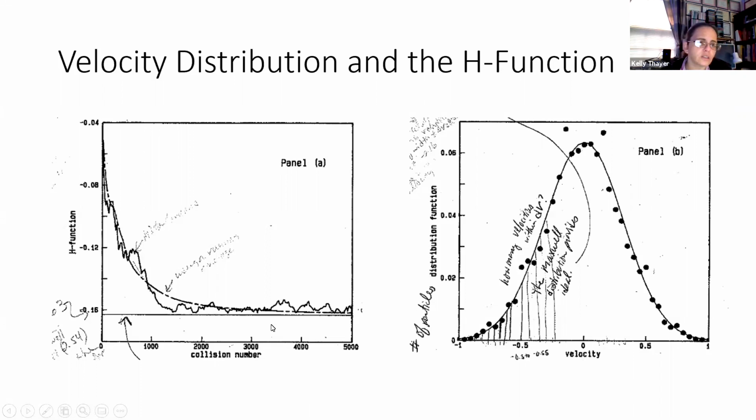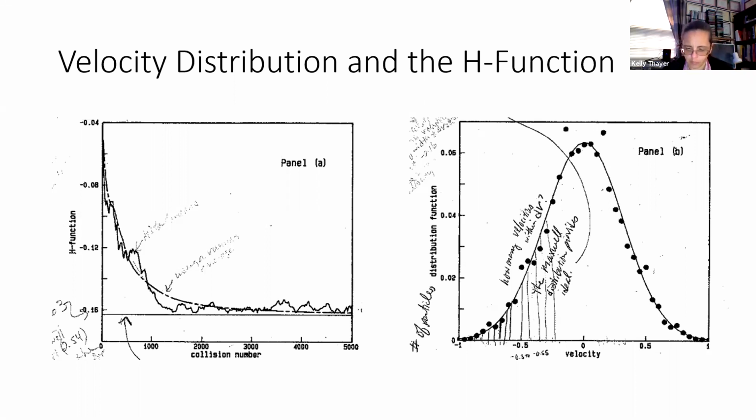You notice there is some transformation that occurs between the distribution and the H function that's being plotted over here. It's a mapping function, which I am being a little bit obscure about because we actually don't do this in regular molecular dynamics simulations, because we generate our velocities a little bit differently. So we won't get into that too much.